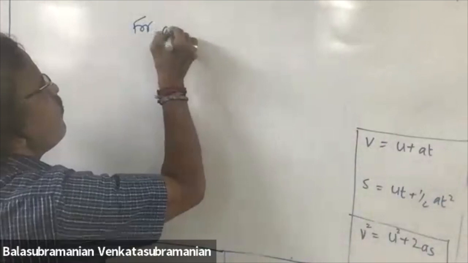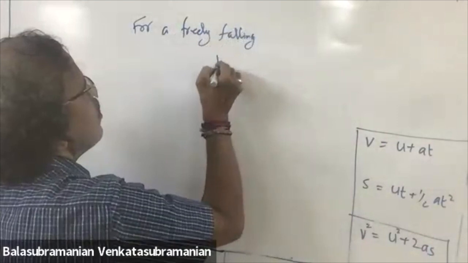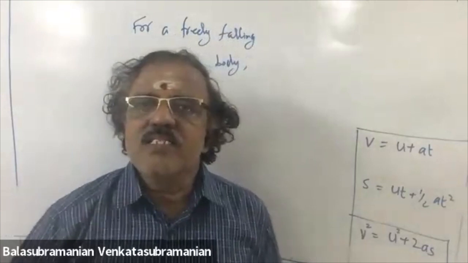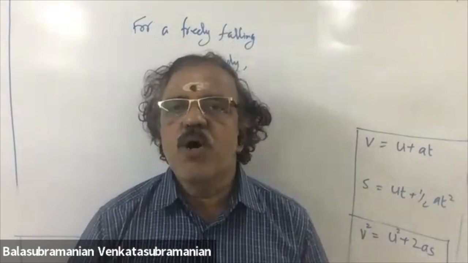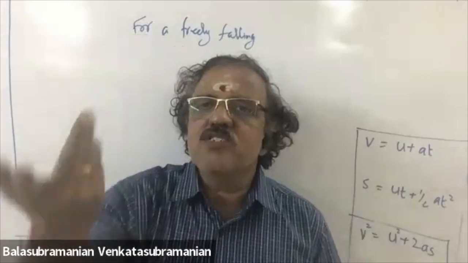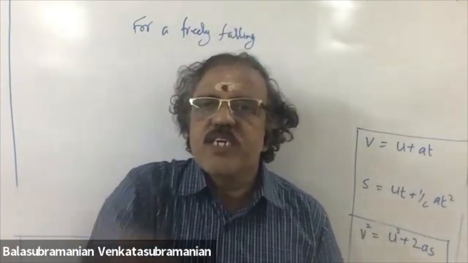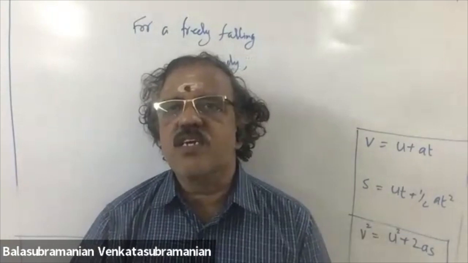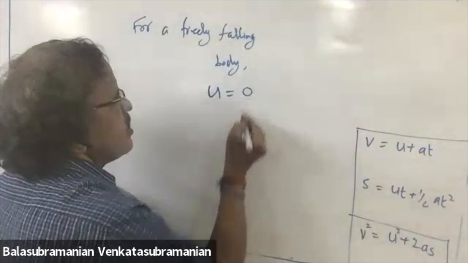For a freely falling body, there is a difference. A body can be projected, or a body can be dropped. When you drop a body, there is no initial velocity. When you project it, you are giving some velocity. So for a freely falling body, initial velocity is zero.